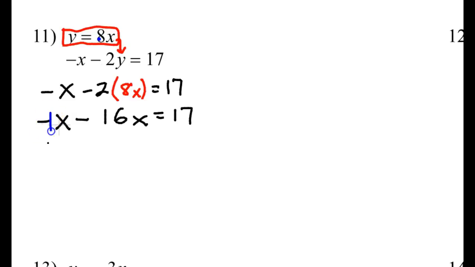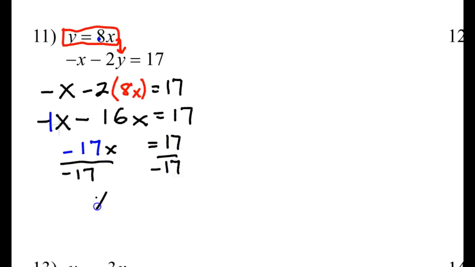And think of this as a -1. We have -1 minus 16. -1 -16 makes -17. And we can divide both sides by -17. Get -1.